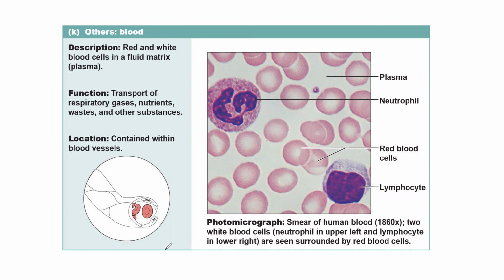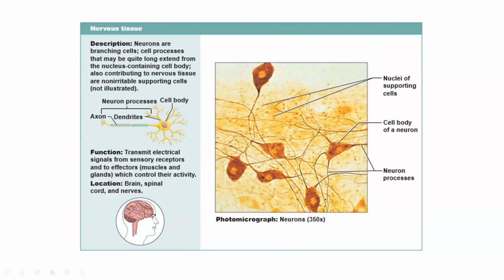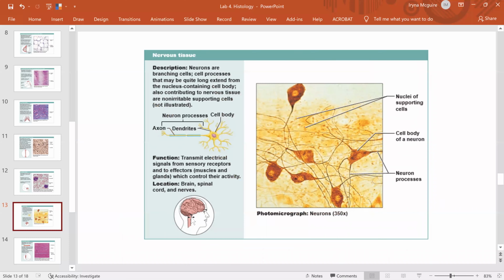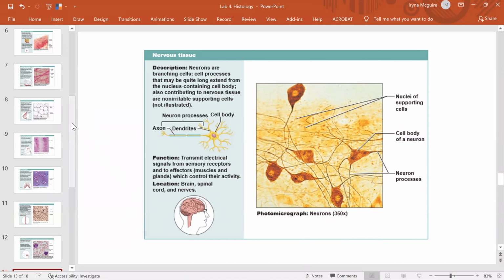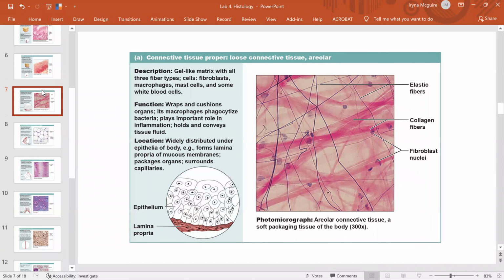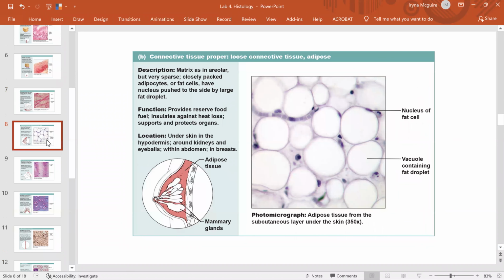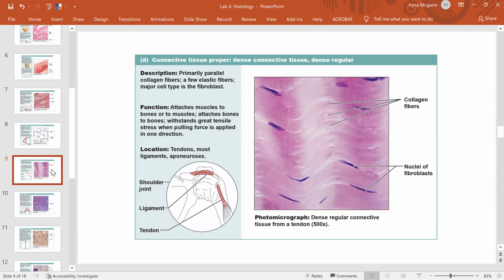So I think this is my last connective tissue over here. Let me double check. Yes, because we have nervous. So I just want to make a very quick summary of what we covered in this lecture. We covered areolar connective tissue. We covered adipose connective tissue and dense regular.